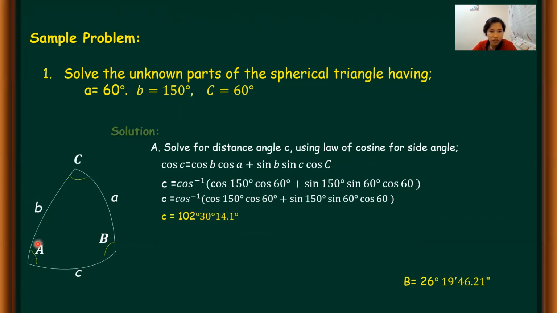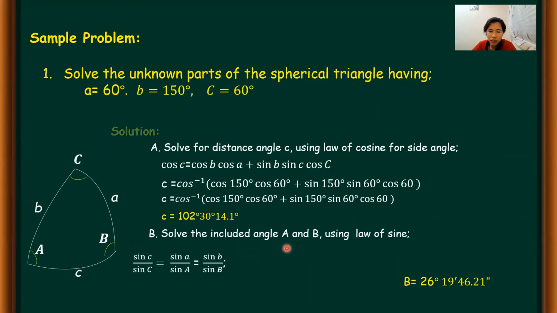However, if we are going to look for A, we can use either the law of sine or the law of cosine. Let's try to solve for the included angle A or B. We can use the sine law. Substitute: if you're looking for sine A, we can use this relationship or whatever is available. Sine A over sine a, where small a is the side and C is the included angle.